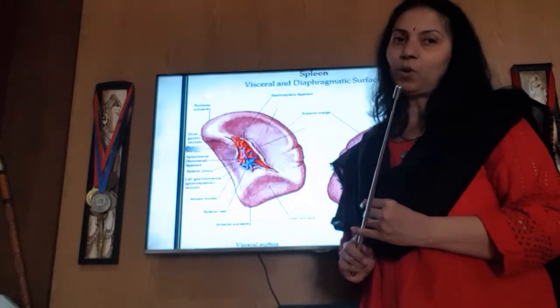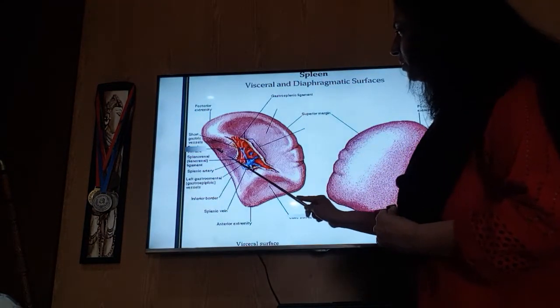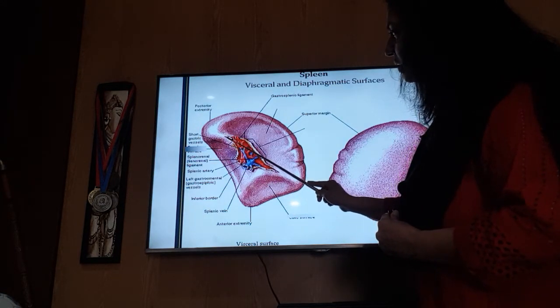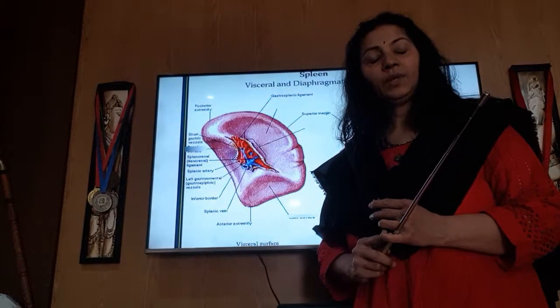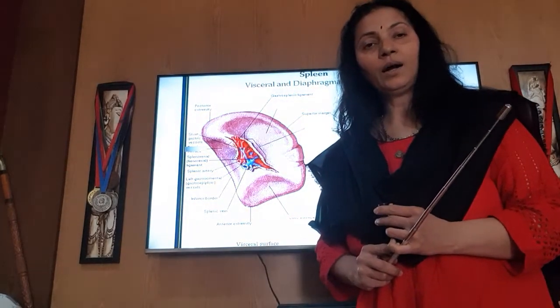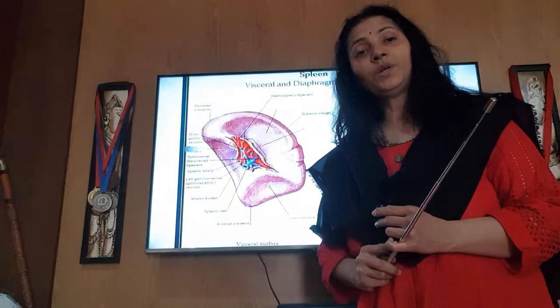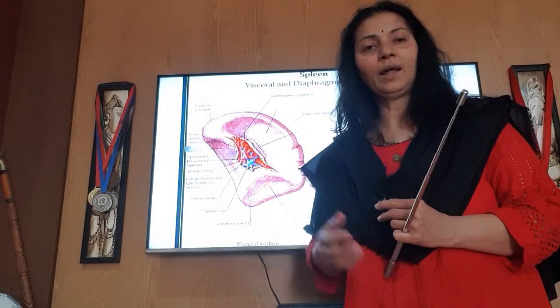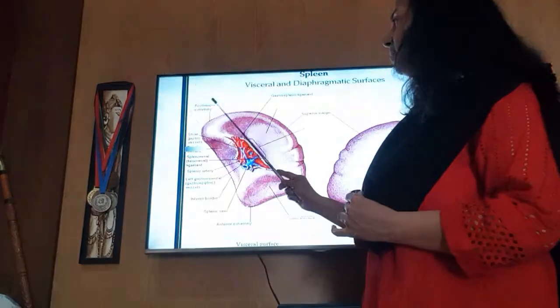Now the borders. This is the superior border, this is inferior border, and this elevation you can see, this is intermediate border. Now you will say, what are the distinctions which will tell us which is superior, which is inferior? If we get the organ separately in our hand and we have to tell what is the posterior end, what is the anterior end, that's simple.